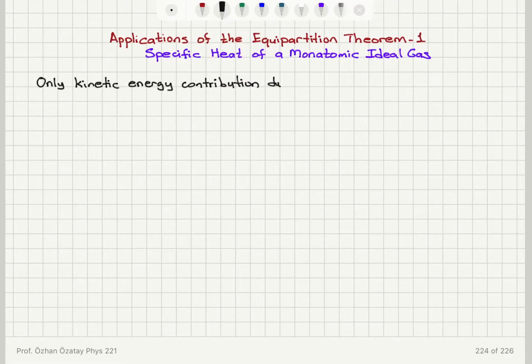So due to translational motion of molecules.